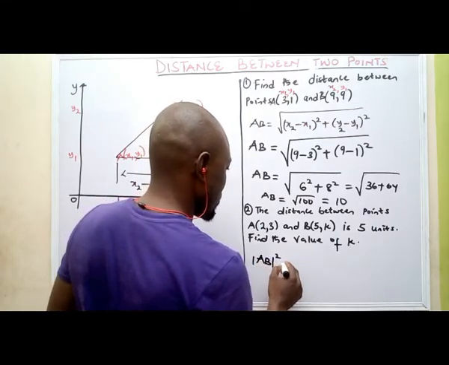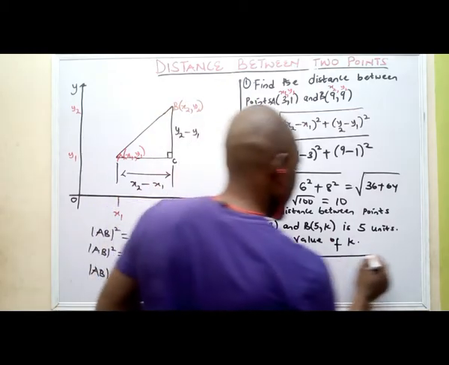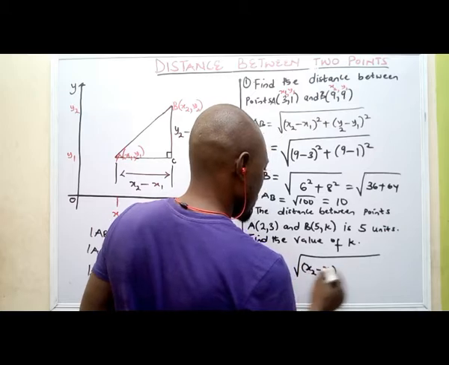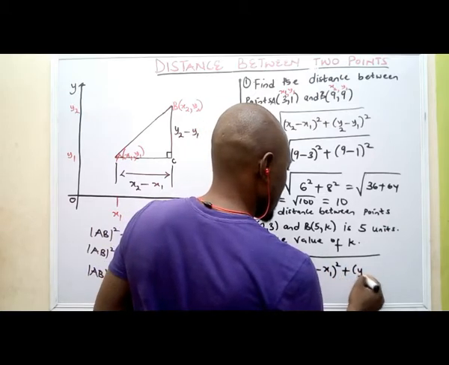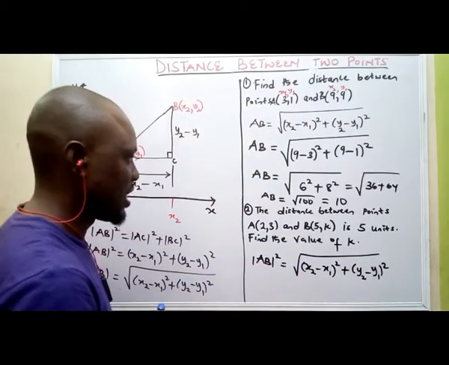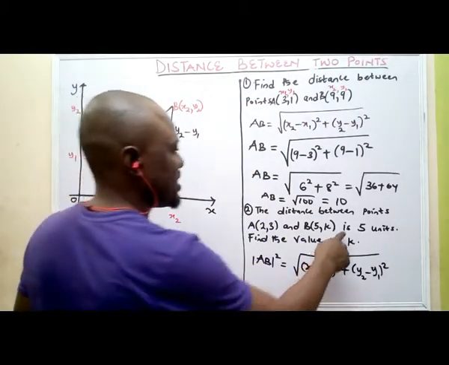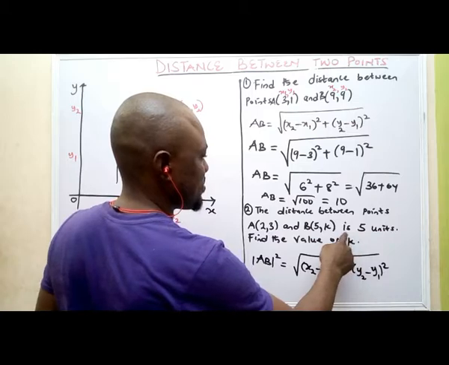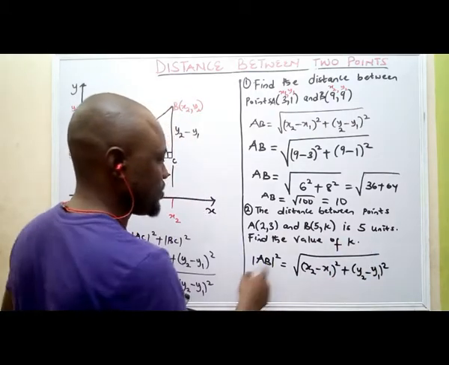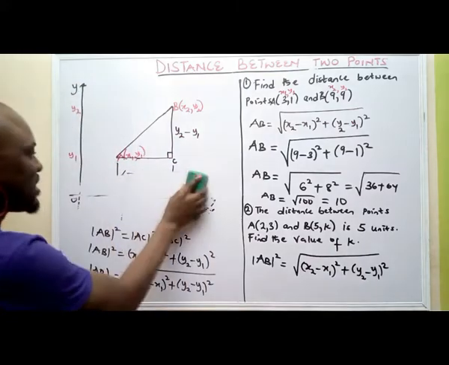Let's say AB is the square root of x sub 2 minus x sub 1 all squared plus y sub 2 minus y sub 1 all squared. Now I already know the distance AB as 5 units. So the distance AB is 5 units.